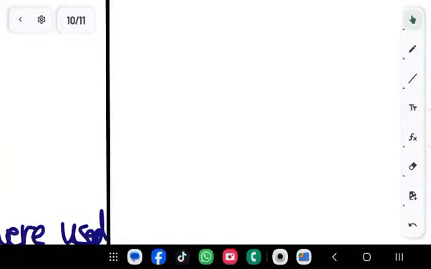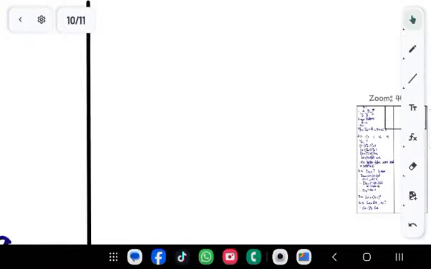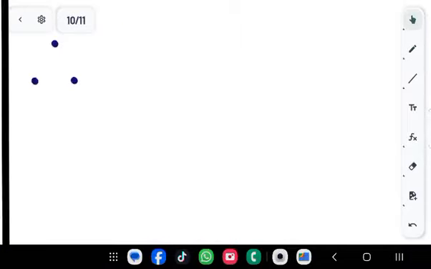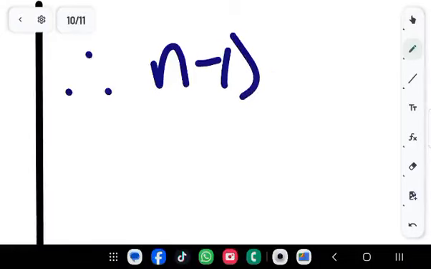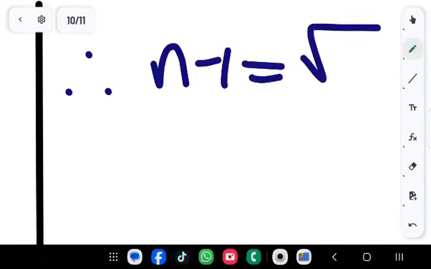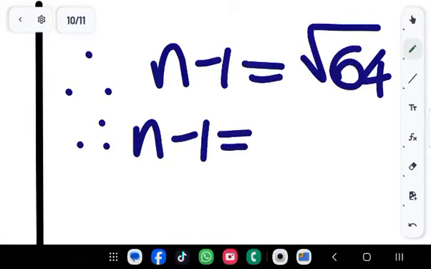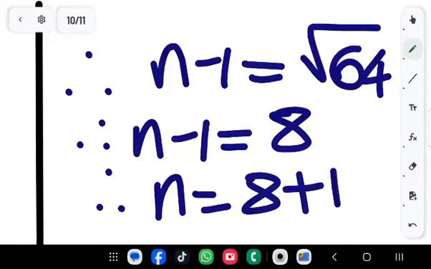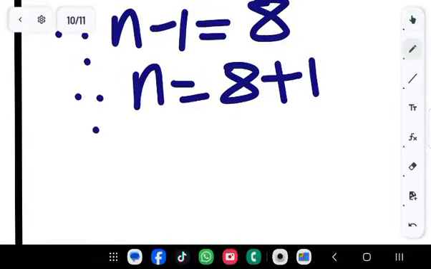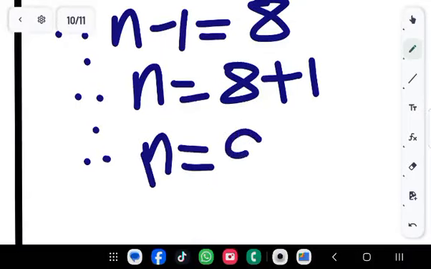Let's find the square root of both sides. The square root of (n minus 1) all squared will be n minus 1, equals the square root of 64. Therefore, n minus 1 equals 8. Therefore, n equals 8 plus 1, meaning that n equals 9.